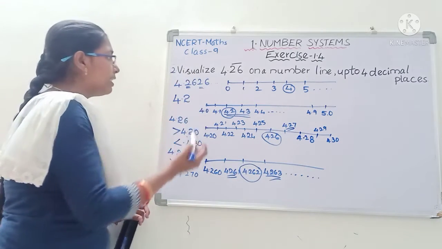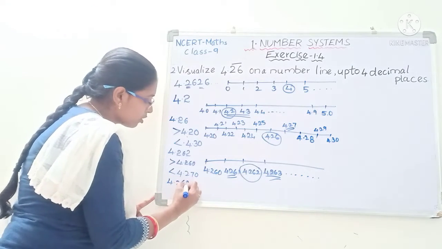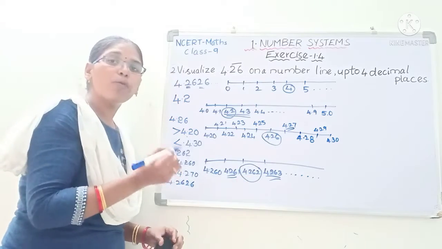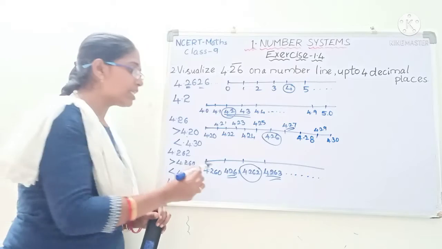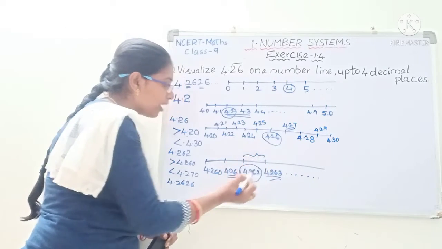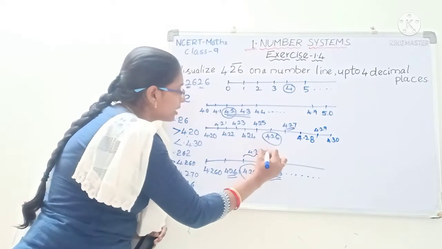Now let us take another decimal place further. 4.2626. Children, 4.262 means 4.2620. After that you get 4.2621. So between these 2 points 4.2626 exists.